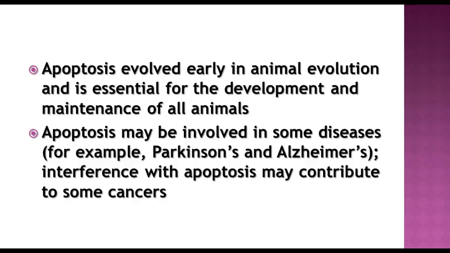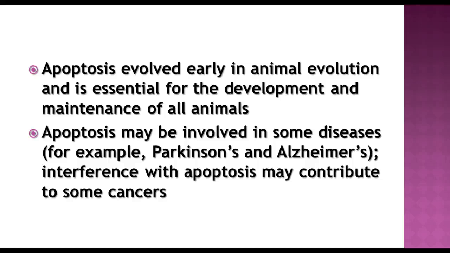There are lots of times when you need to get rid of extra cells in the process of development as moving from one stage to the next. It's probably also involved in diseases like Parkinson's and Alzheimer's. And perhaps interference with apoptosis may be a contributing factor to some cancers.